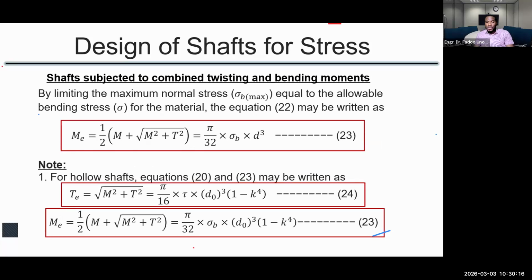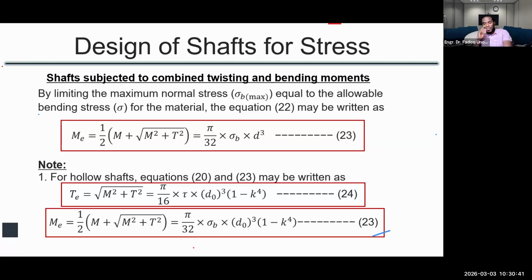And so if we limit the maximum normal stress to just the maximum allowable bending stress, then that equation becomes this. And you can similarly have the same equation for a hollow shaft just by incorporating that expression as we had developed earlier.